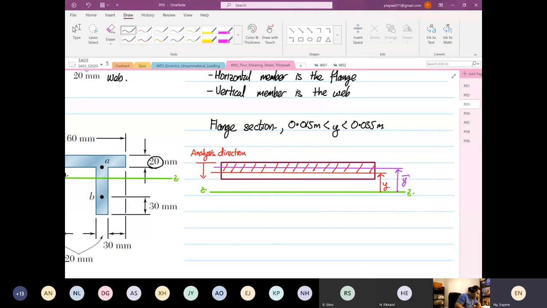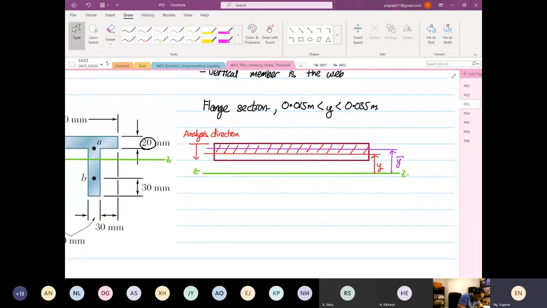Okay, so from here, we can calculate the first moment of area about the z-axis for the flange is equal to A Y bar. Okay, A, so as I said, I like to do width multiplied by depth, and then Y bar.